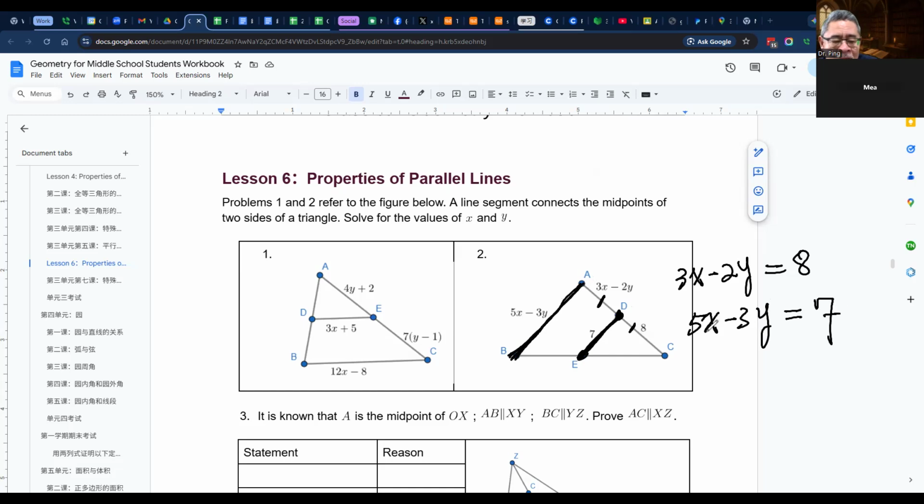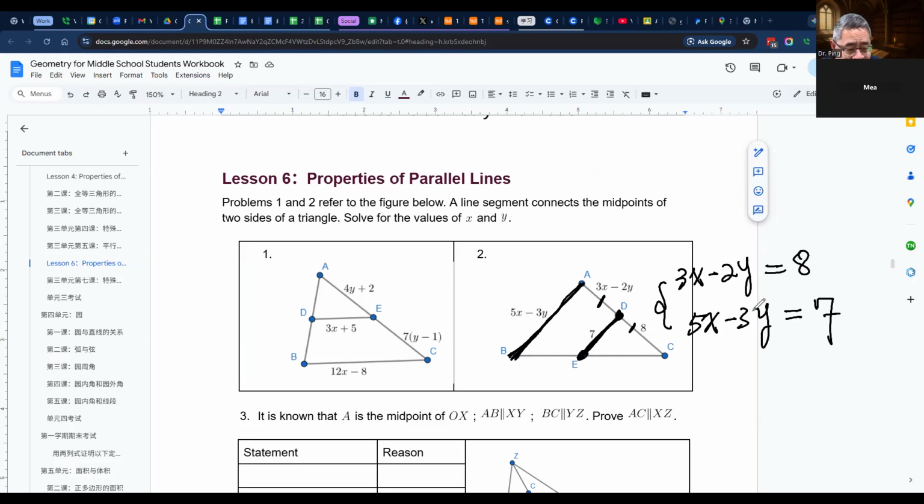Okay. Now, there are two ways to solve that. One is called elimination, another called substitution. I like elimination. Whenever I can, I always do elimination because that makes things a little bit easier.